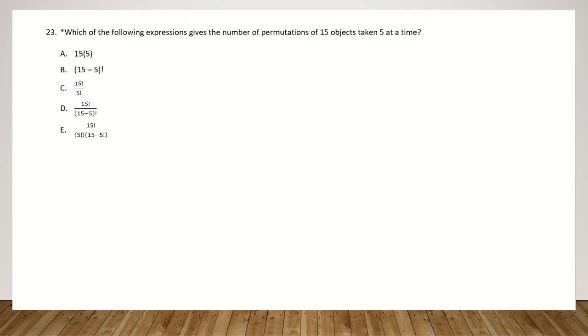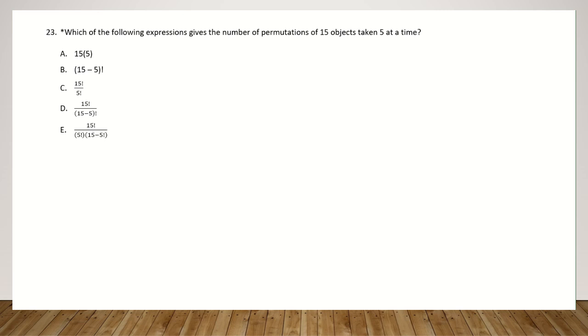Next problem. Which of the following expressions gives the number of permutations of 15 objects taken 5 at a time? All right, so this one has a formula too. So now we're talking about permutations. We talked about combinations. So permutations is when you have a certain number of items and you're switching them all around.